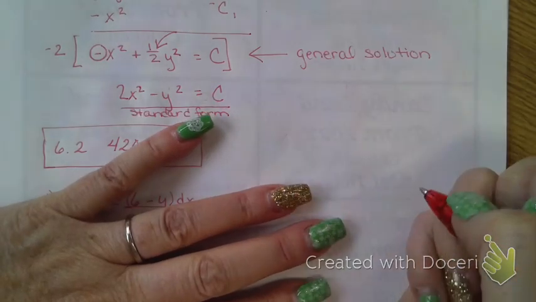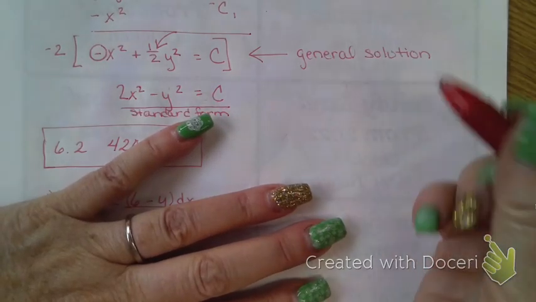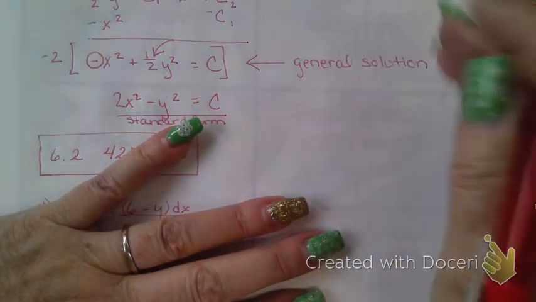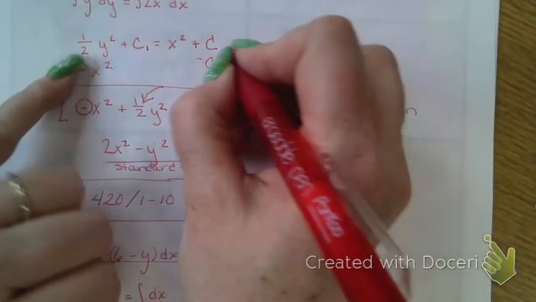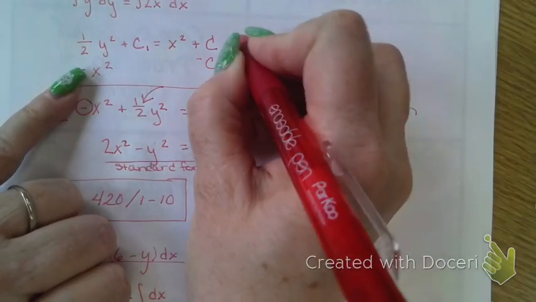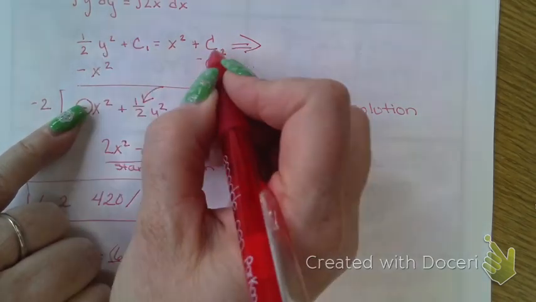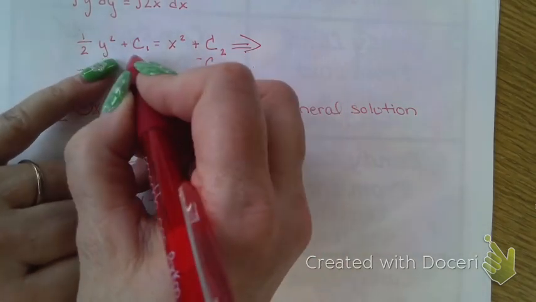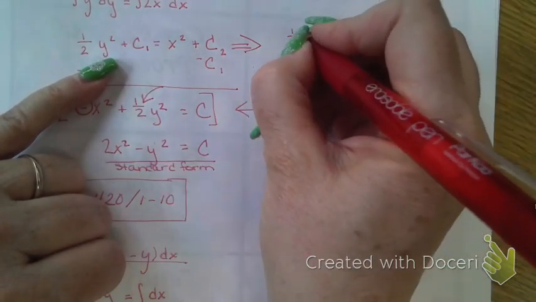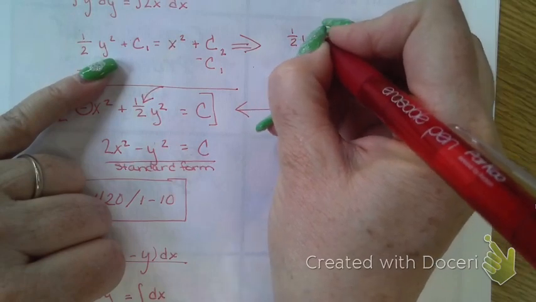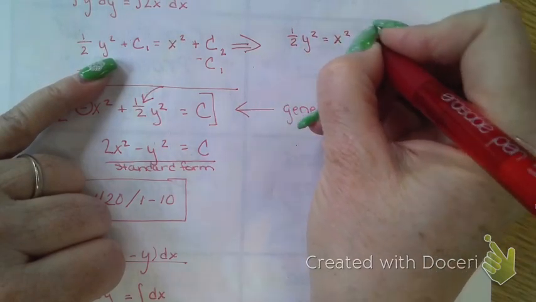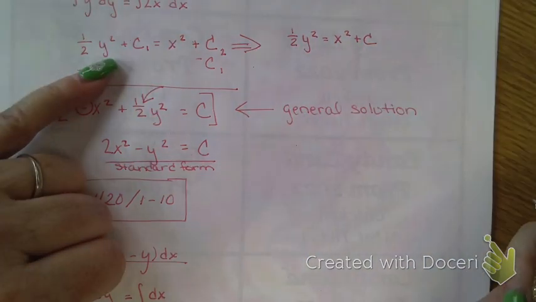So if I took this and brought this C over and left the x alone, I have 1/2 y squared equals x squared plus C, like that, okay?